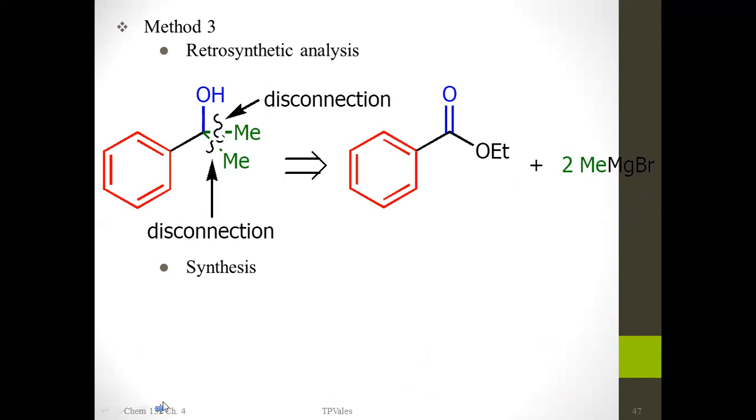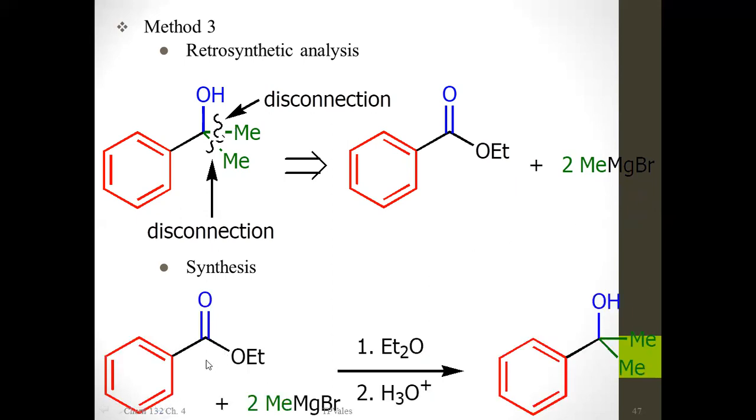So you have your ester and your solvent and your source of acid to acidify your O-alkyl MgBr.